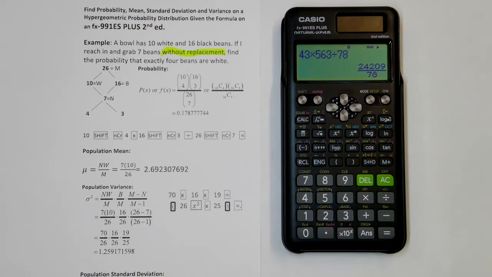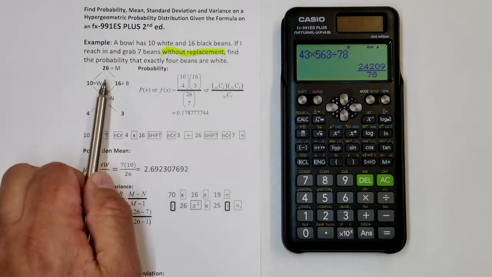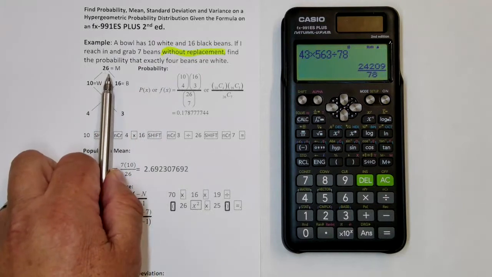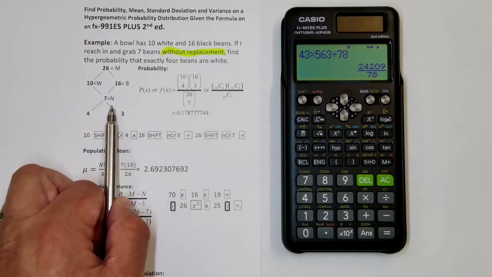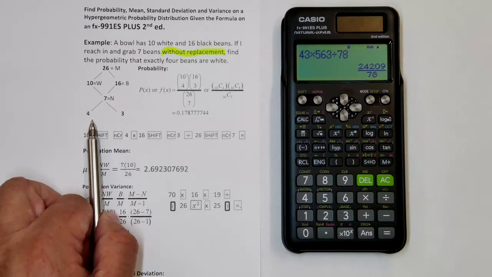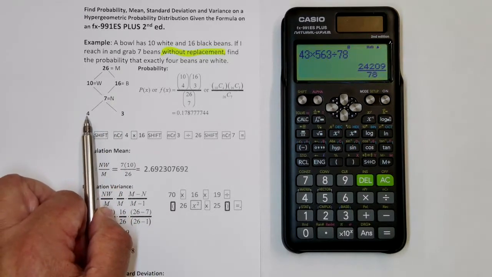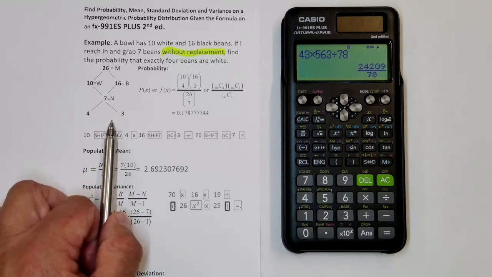If I add the 10 white beans and the 16 black beans, I have a total of 26 beans in this bowl. 10 are white, 16 are black. I reach in and grab 7 beans, of which I want exactly 4 to be white and 3 to be black.